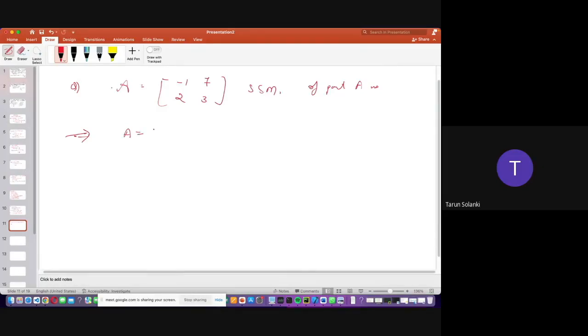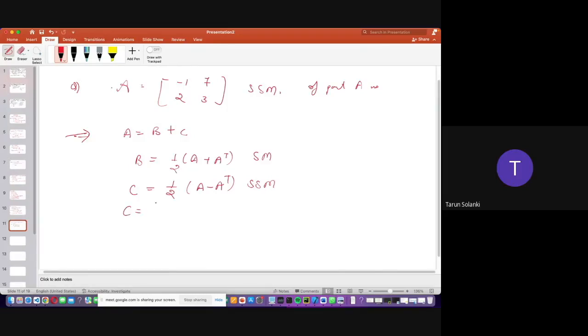A is B plus C, where B is half of A plus A transpose, and C is half of A minus A transpose. So this is your symmetric matrix and this is your skew symmetric matrix, right?